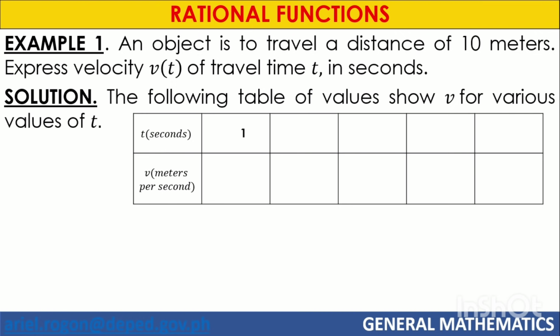Sa 1 second, ilang meter ang matatakbo niya? 10 meters agad, no? 10 meters, ibig sabihin ganun kabilis. Next, in 2 seconds, ilang meters ang matatravel ng object? Okay, mas bumaba, 5.